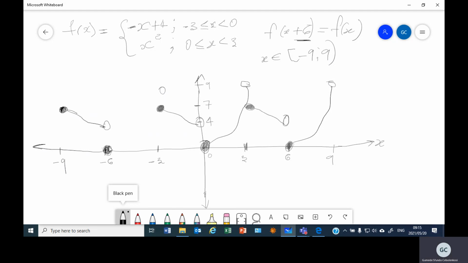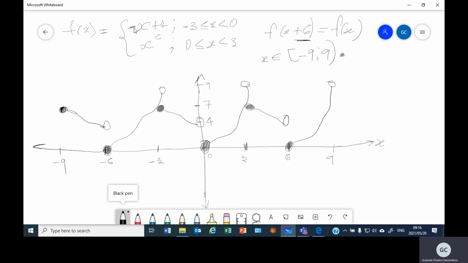And how do we move from here to here? It's a curve. It should be a nice curve, like a parabola. So we stop at -9. We can't go further because we're given the restriction that our graph is sketched from -9 to 9.